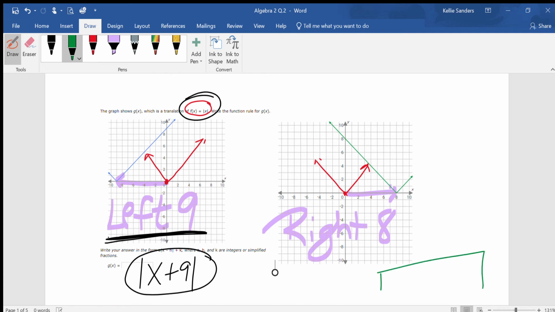And in your box, you would put absolute value of x, and because 8 is right, R-I-G-H-T, going to the right, then it's inside, so it's with the parent. We're going to do opposite. Usually you would think of positive for the right, so we're going to do negative. So the absolute value of x minus 8.